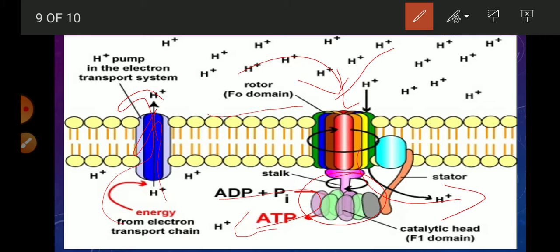So the flow of protons through the F naught channel induces the F1 particles to function as ATP synthase, and the energy of the proton gradient is used in attaching the inorganic phosphate radical to ADP by a high energy bond.